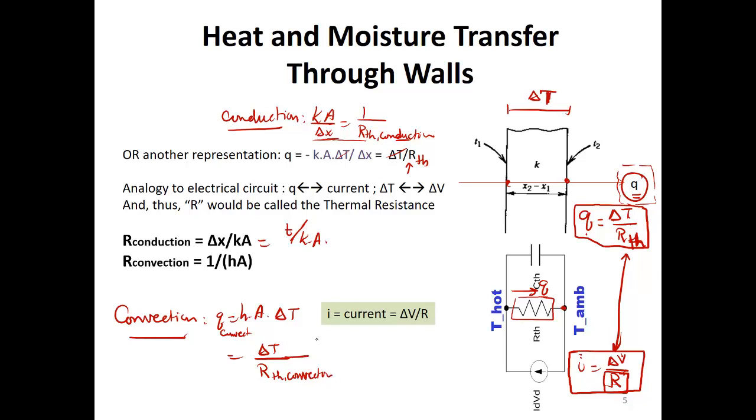So the same way you're going to compare both, so delta T cancels with delta T, then hA equals 1 over R convection. The thermal resistance for the convection case is 1 divided by the heat transfer coefficient h multiplied by the area. Okay?